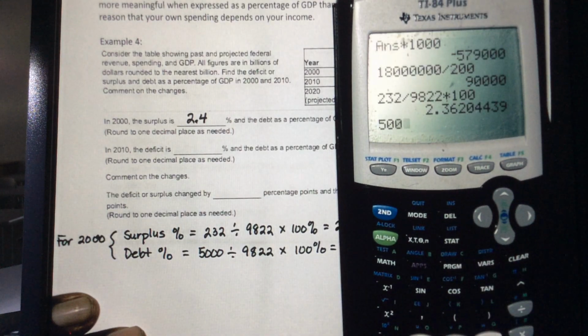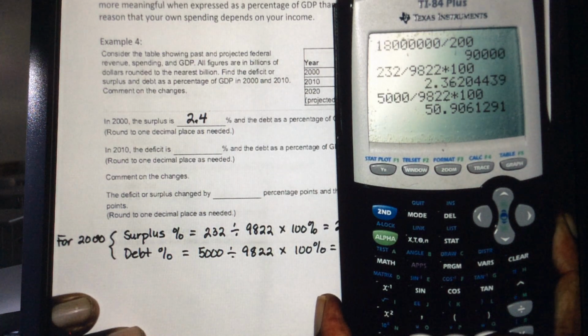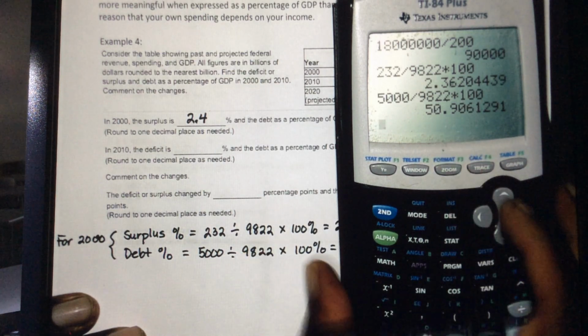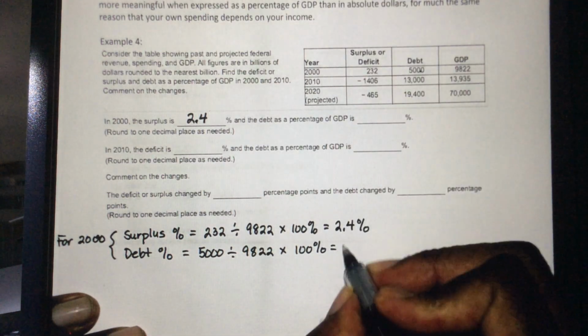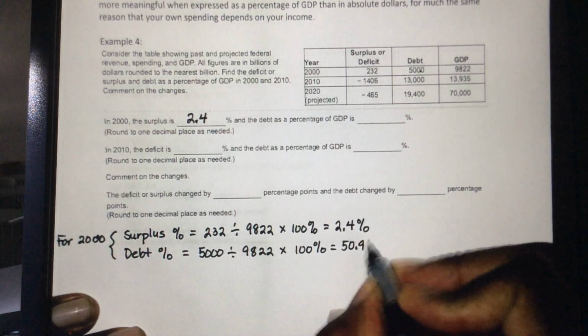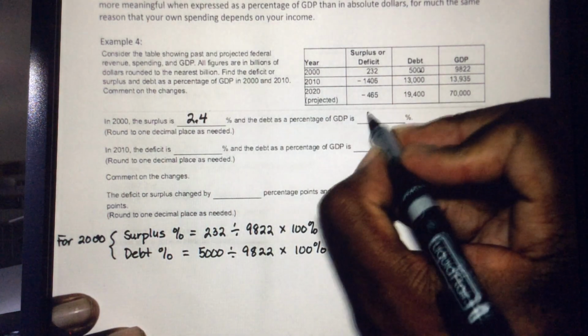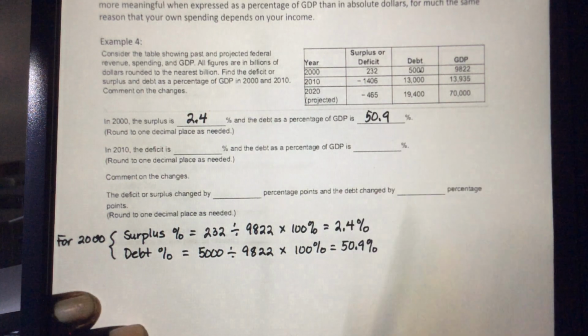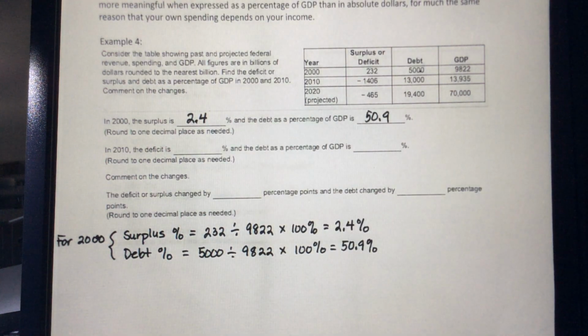So 5,000 divided by 9822 times 100 will give you, to one decimal place, 50.9%. So here, the debt as a percentage of GDP will be 50.9%.